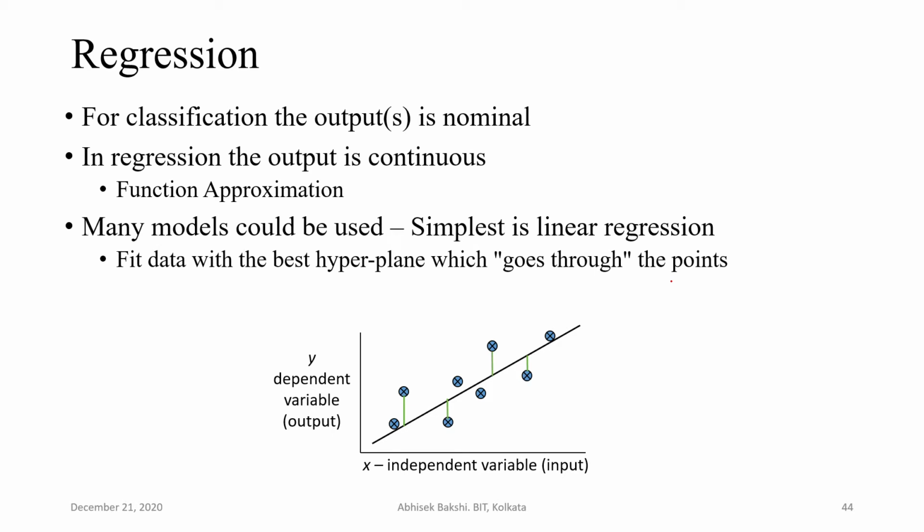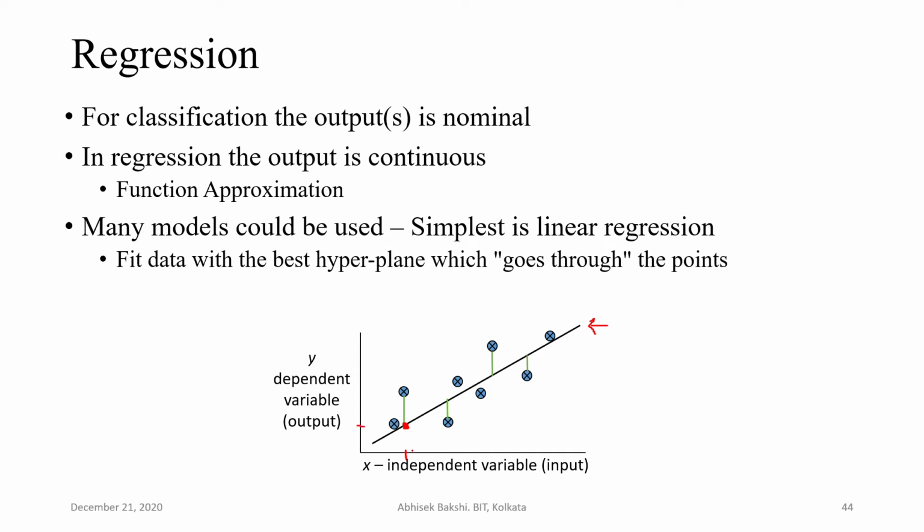For example, if I consider this is the optimal curve we have found, and this is the original point, so with respect to this curve, for this value of x, the corresponding value of y is something like this.